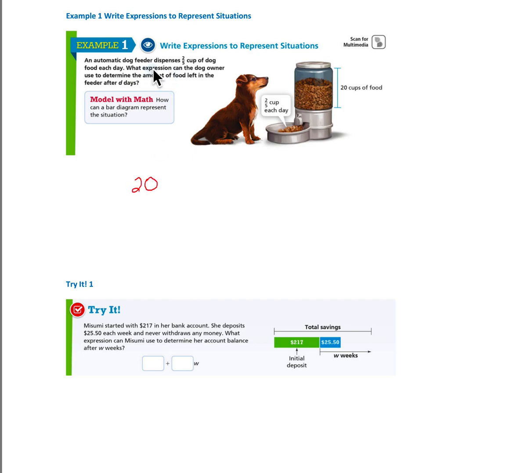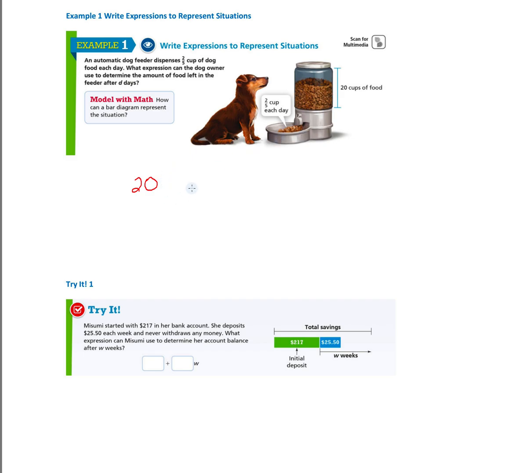And then it says the feeder dispenses, or it spits out 2/5 of a cup each day. And so in one day, it will spit out 2/5 of a cup, and then the next day, another 2/5 of a cup. And so since it's taking it out of this feeder and putting it into this bowl area, we're going to be taking away food.